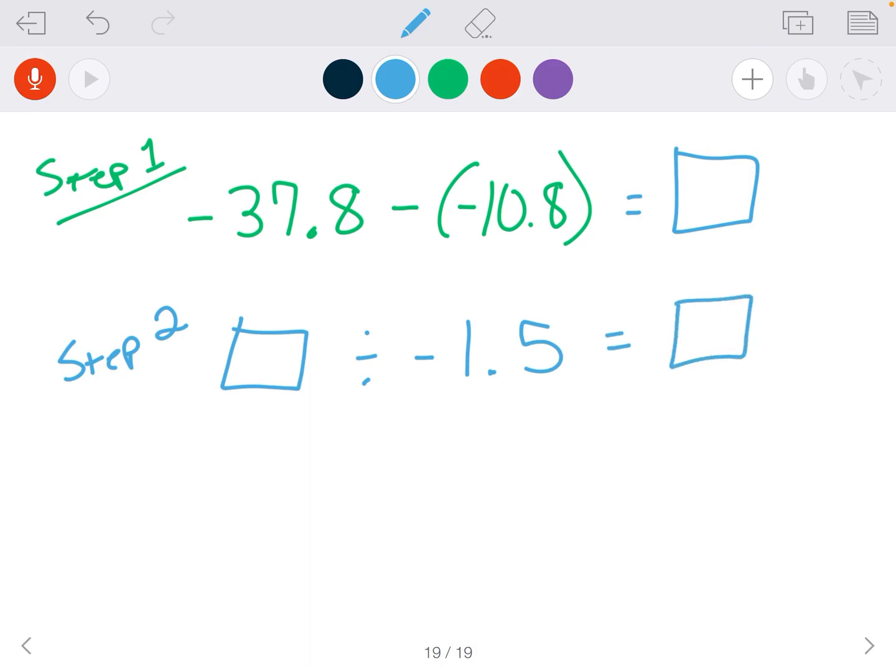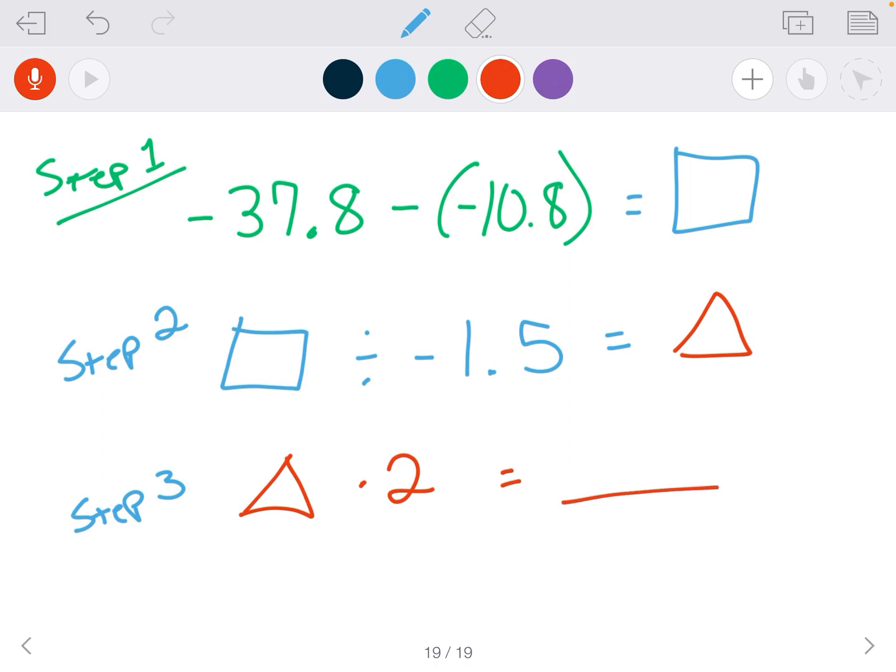You're going to get another answer. And then your third step, so there's 3 steps, so I'm helping you out. Step 3, let's make that a red triangle, a different shape so we know we're talking about 2 different numbers. You take that and you multiply that by 2. And that will give you your final answer.